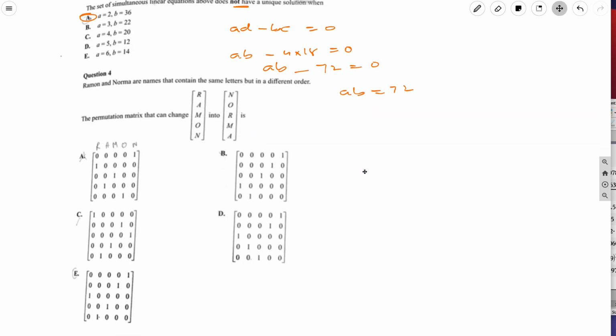Raymond and Norma are names that contain the same letters, but in a different order. The permutation matrix that changes Raymond into Norma. So with this one, what I would do is look at this. They've selected 1, 2, 3, 4, 5. They've selected them in the order of the 5th, then the 4th, then the 1st, then the 3rd, then the 2nd. So 5th, 4th, 1st, 3rd, 2nd.